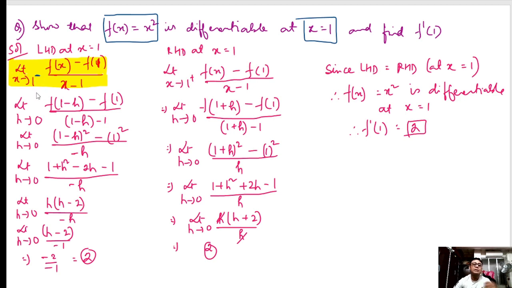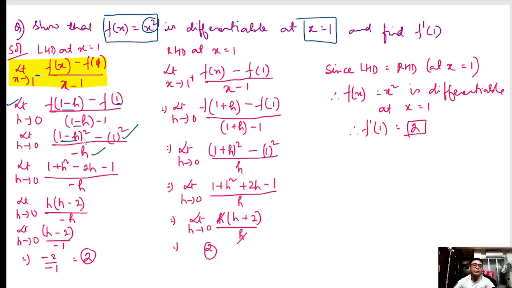So in place of x I will put 1 minus h. So limit h tends to 0, here is 1 minus h. So in place of x I will put (1 minus h) square minus f(1) square. What is f(1)? In place of x I will put 1, so it's 1 square, and this comes out to be this.